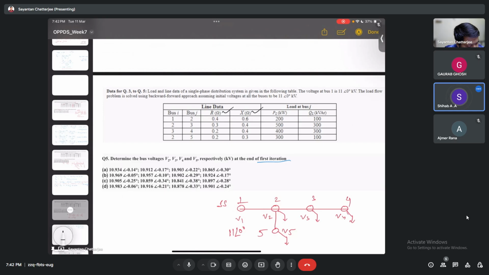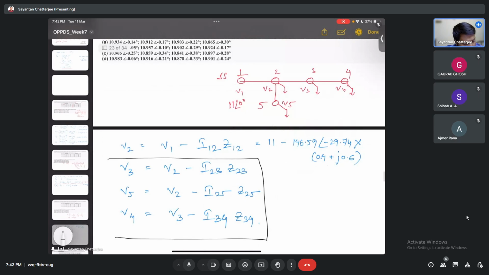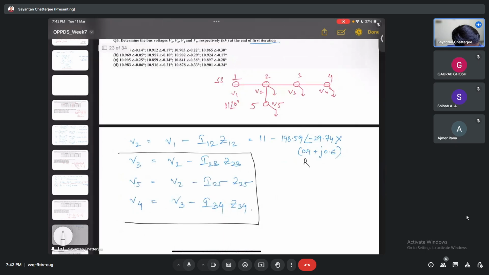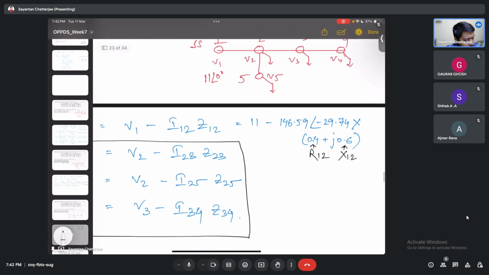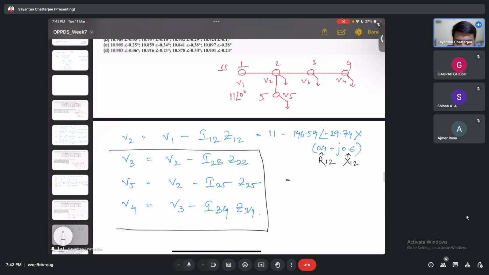So from R and X we can compute the Z. So this is R12 and X12, this value and this value. So from here we can calculate the value, and the final value I'm writing because we have other problems to solve as well.